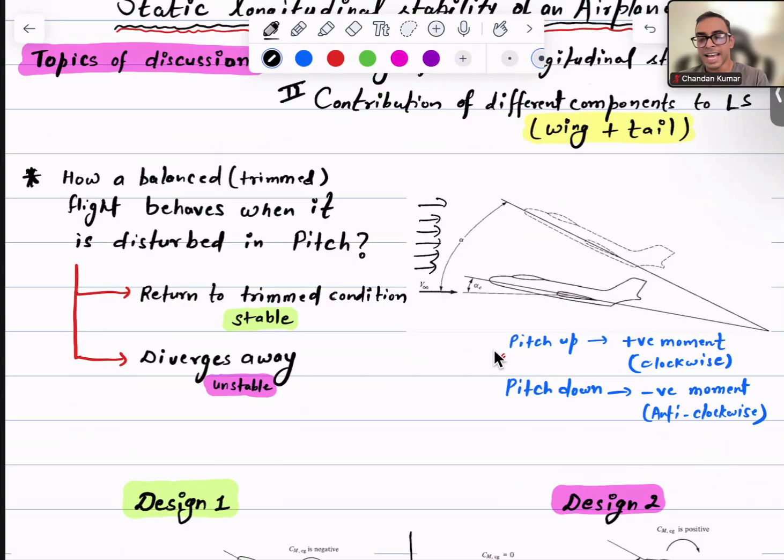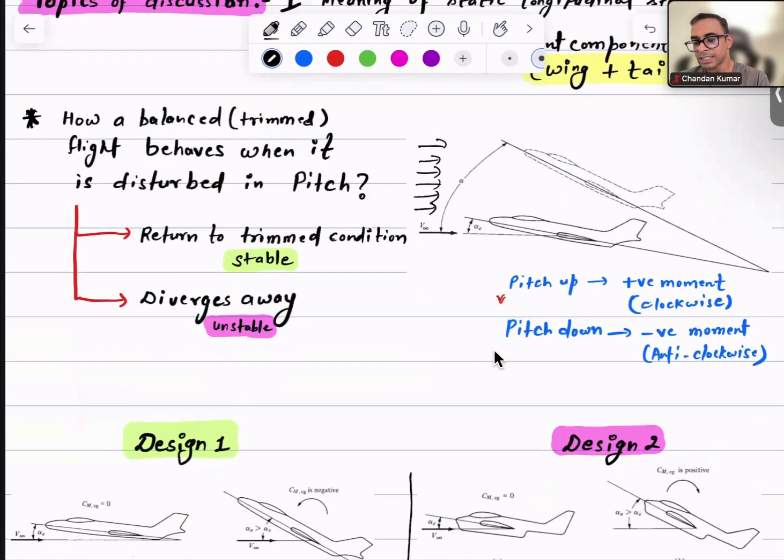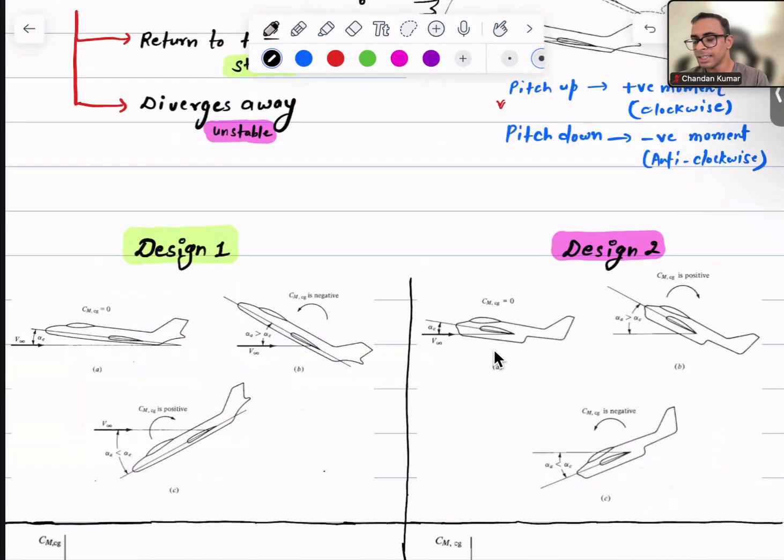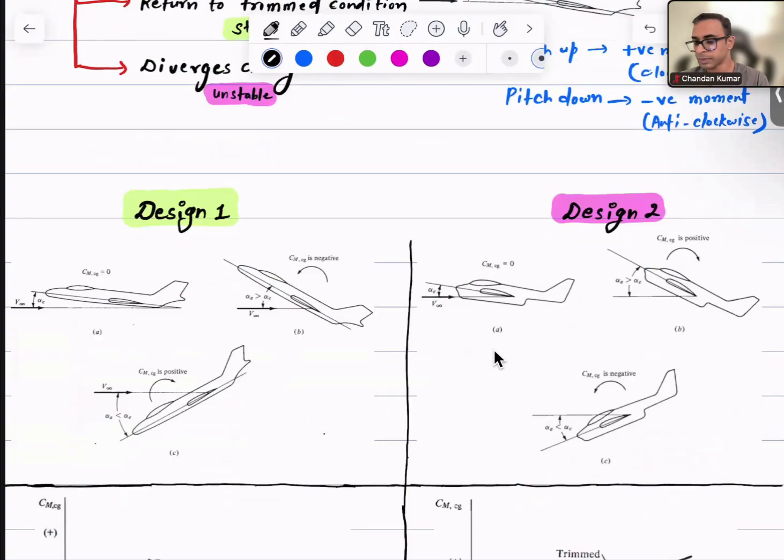If the airplane has the tendency to return back to its original trimmed condition, then we would say that this airplane is longitudinally stable. If it doesn't have the tendency to return back to its trimmed condition, then it is a longitudinally unstable situation. To further understand this, let's consider two design scenarios.